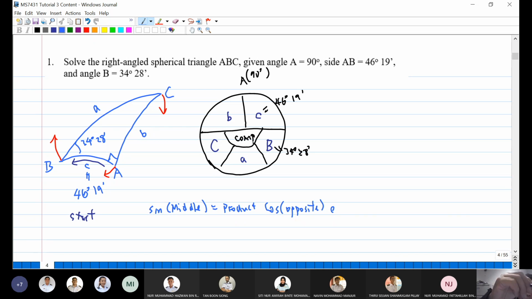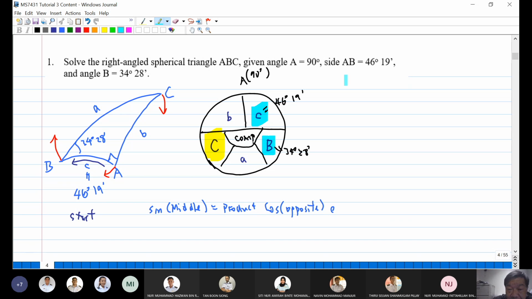So you find that, okay, I usually use a yellow color for the middle part, so I label it yellow. And then a blue color for the opposite here. Then you can write down the Napier's rule to do the calculation. So this is sine of the middle part, right?